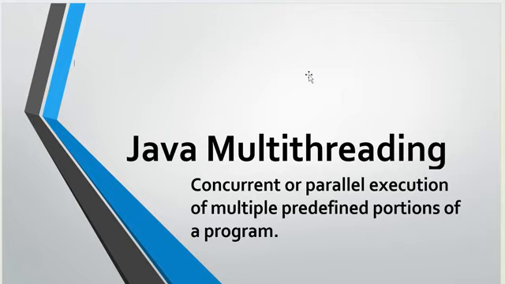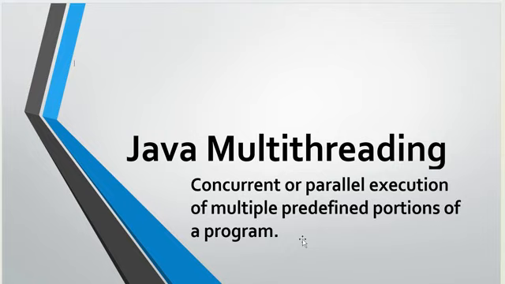What is multithreading? As we have written here, it is the concurrent or parallel execution of multiple predefined portions of a program. We can define such a portion as a thread, a small portion or a particular task that will be executed.